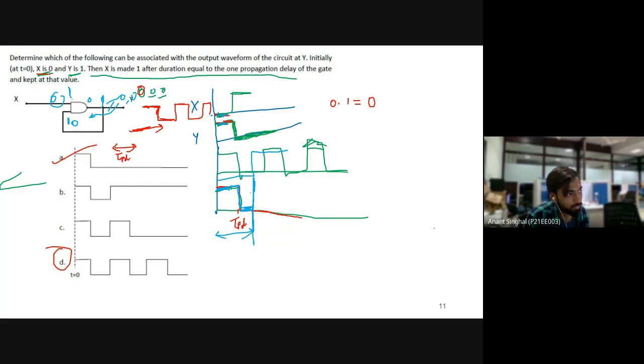I'm saying that after this propagation delay, x has become 1, but y changed to 0 before that, because y was initially 1 and x was initially 0, as given in the question. So once y gets 0, whatever x is, there is no chance of y going high. This y will never get 1 because of the nature of the question. So it will always remain 0 after that. I hope you get it now.